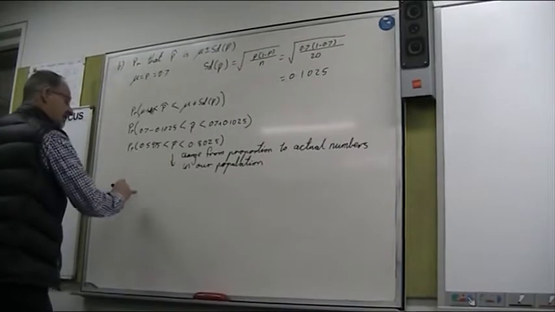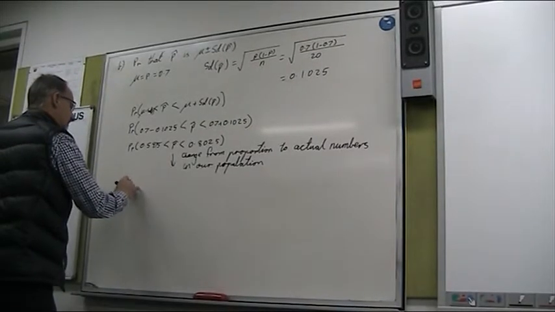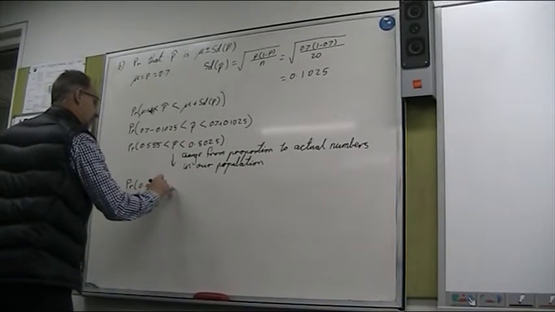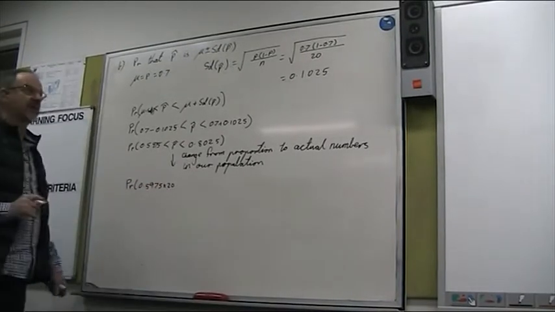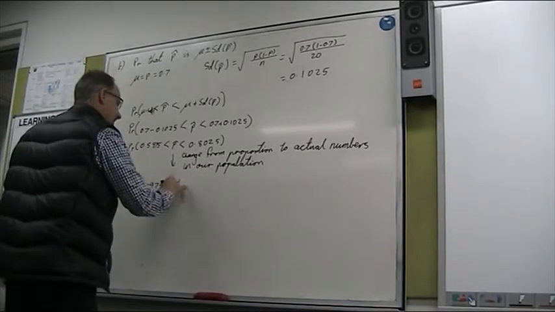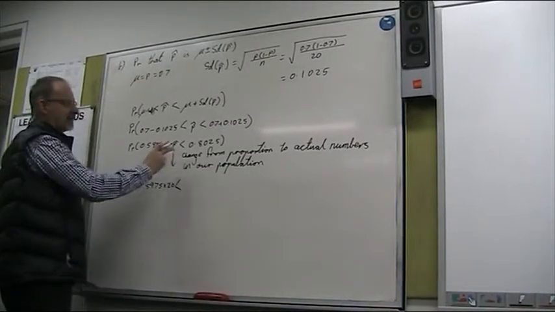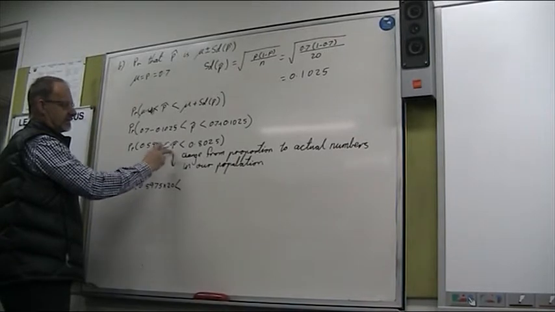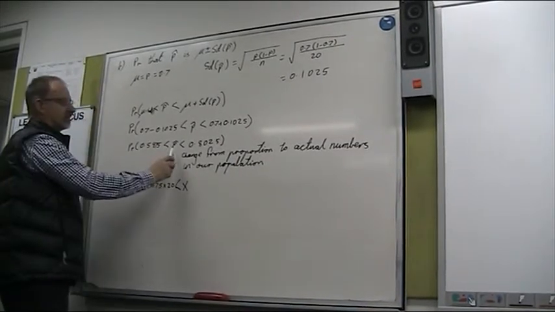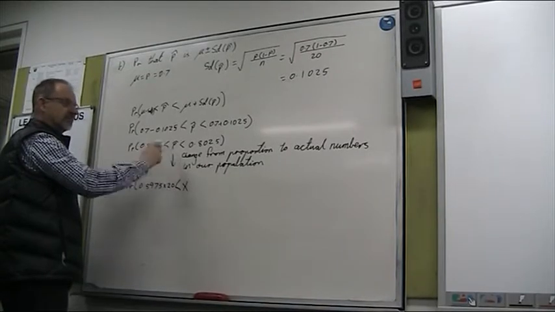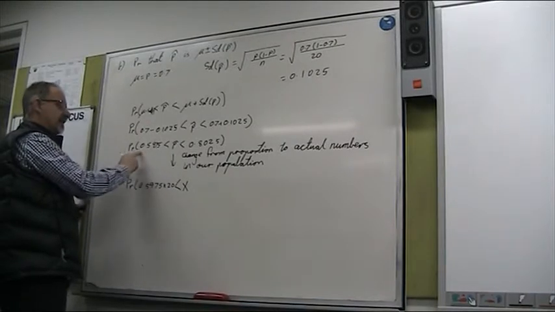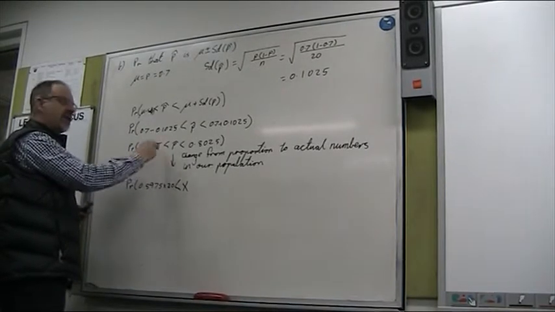So when we change that to actual numbers, that's 0.5975 times 20, which is our population, which is our sample. And so if we're changing to actual numbers, we now change this symbol to X. So that's the proportion in terms of 1/4, 1/2, or in this case 0.5975.